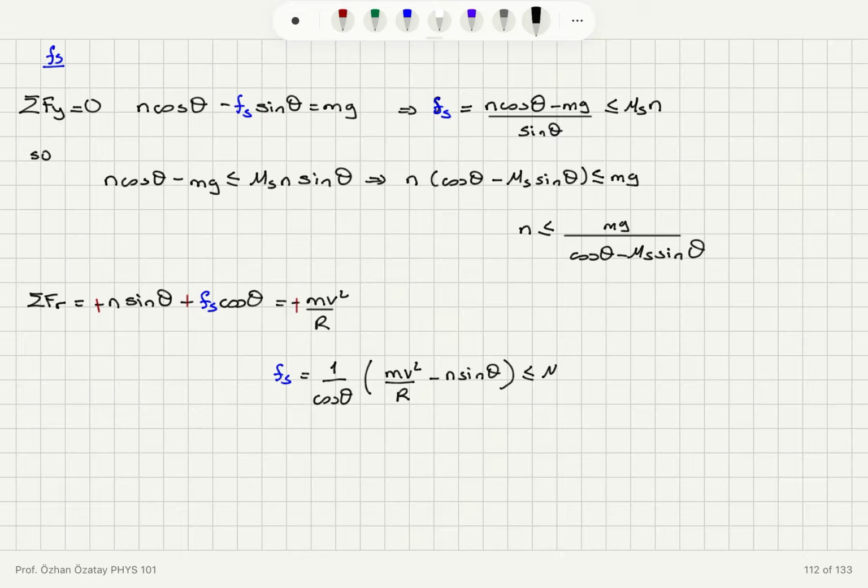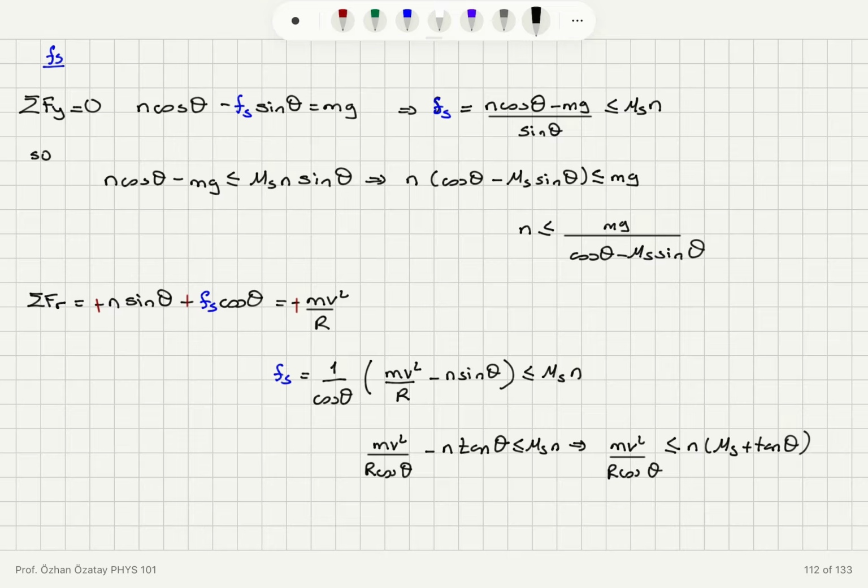So this must be less or equal to mu s times the normal force. So I find that mv square divided by r cosine theta minus n times sine theta over cosine theta, which becomes tangent theta, is less or equal to mu s times n, or I can write this as mv square divided by r cosine theta is less or equal to n times (mu s plus tangent theta).